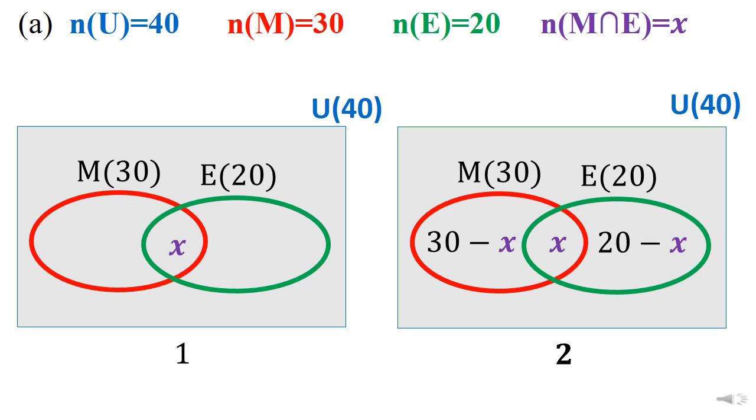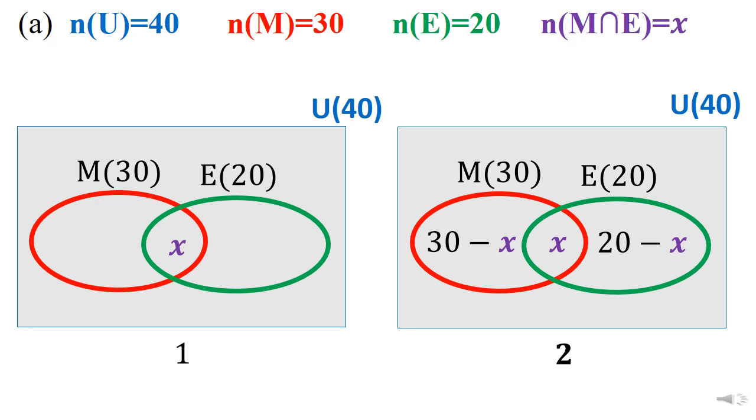Let's come to step 2. So we subtract the X from 30 to get the other portion for mathematics within the circle. So 30 minus x. We also subtract the x from 20 to get the other portion within the green circle.